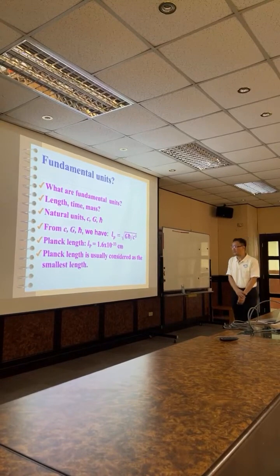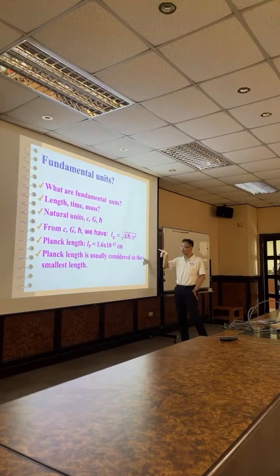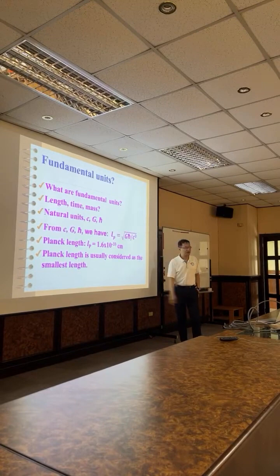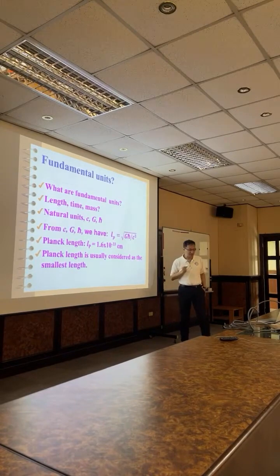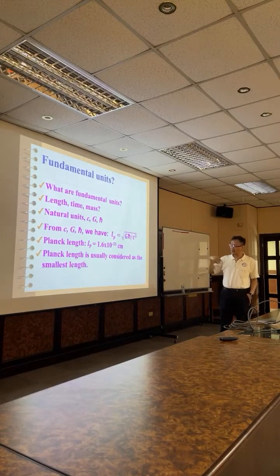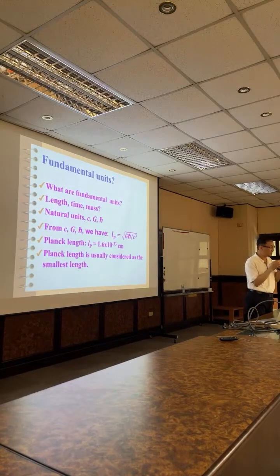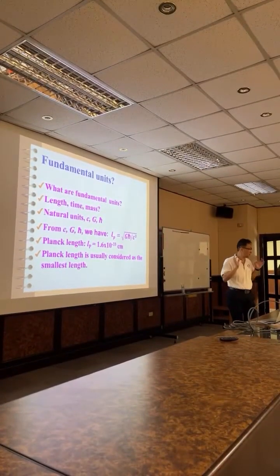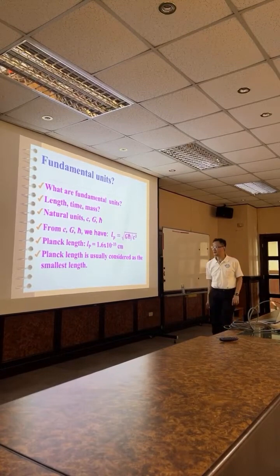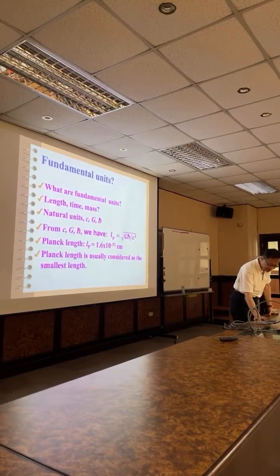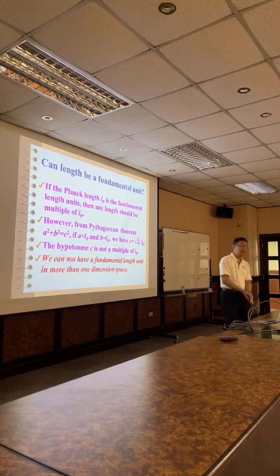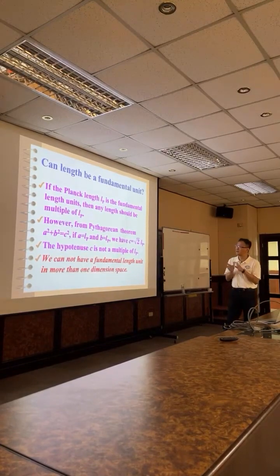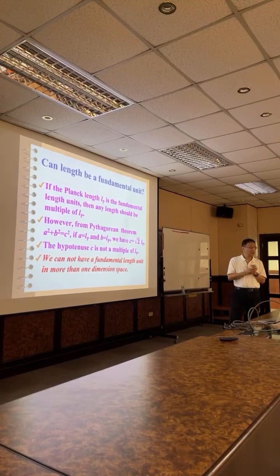Using them, we have what we call the Planck length, like the square root of Għ/c cubed. The Planck length is usually considered the smallest length, so we usually think the Big Bang or the universe began at the size of the Planck length. But the problem I have here is: can length be a fundamental unit?